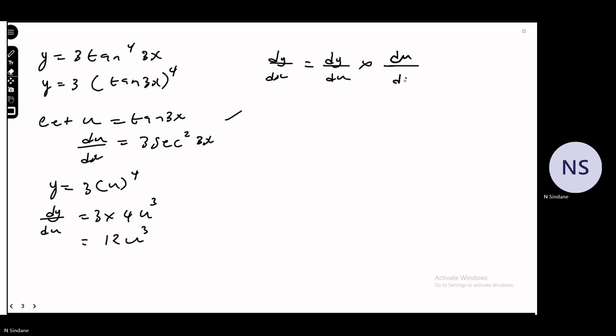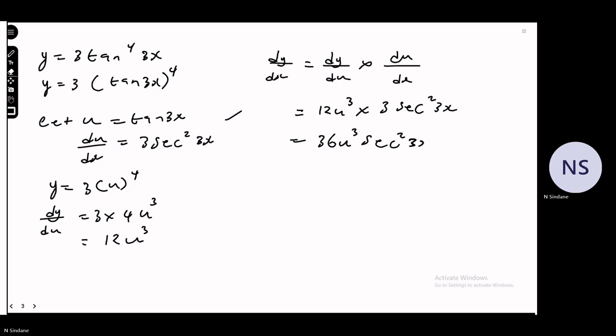Right? What is dy over du? This is 12 u to the power 3. Multiply this by du over dx is given as, okay, we got it as 3 sec squared of 3x. Then 3 multiplied by 12, I'm going to get 36 u to the power 3 sec squared 3x.